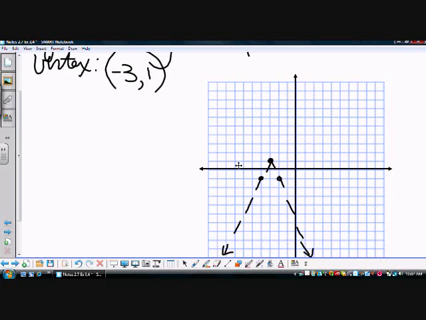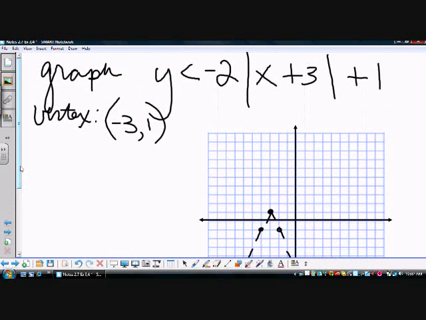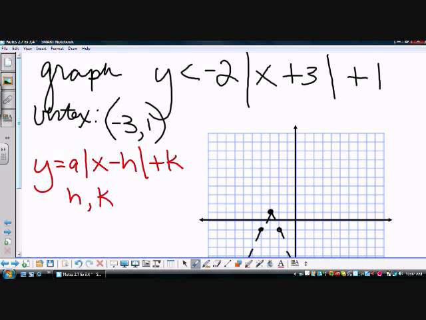Oh, how did we get the vertex? Oh, sorry. Our graphing form is y equals a times the absolute value of x minus h plus k, where the h, k is the vertex.